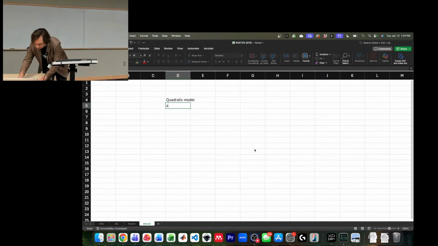So we're going to have a2, a1, a0. I'm just going to define this model as 1, 0, 2, 3.